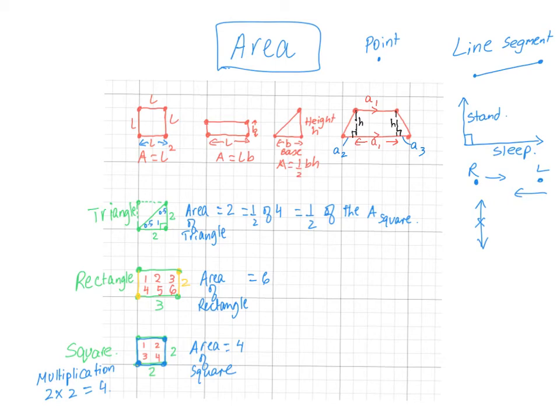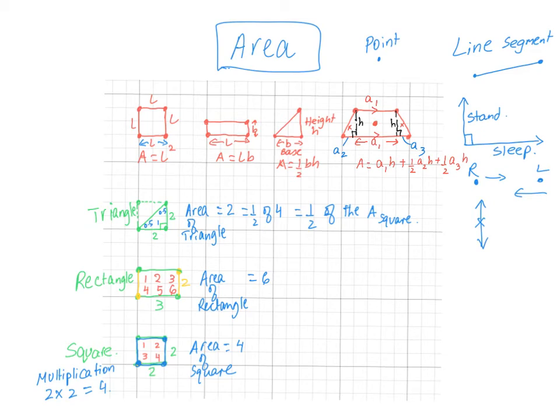Let's prove it. So the middle section, this area, is just A1 times h. And then over here for the two triangles, we have half of A2h and half of A3h.